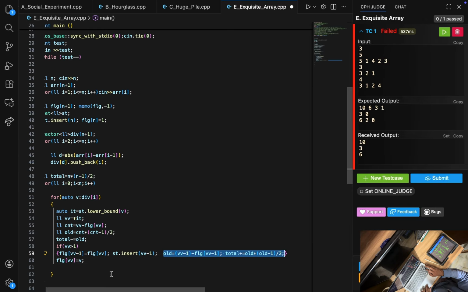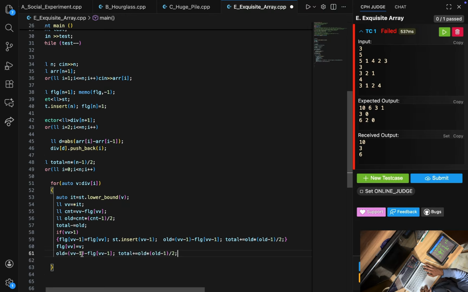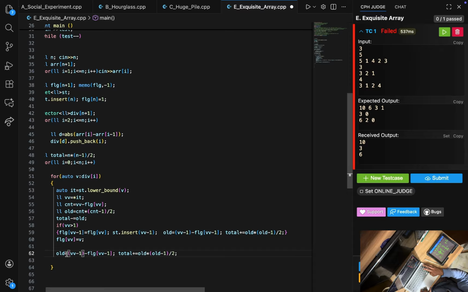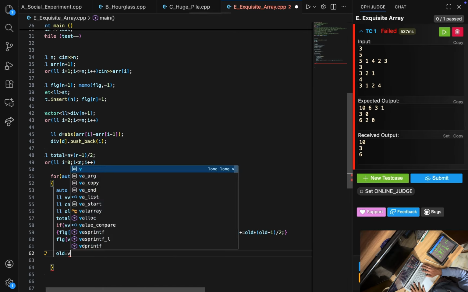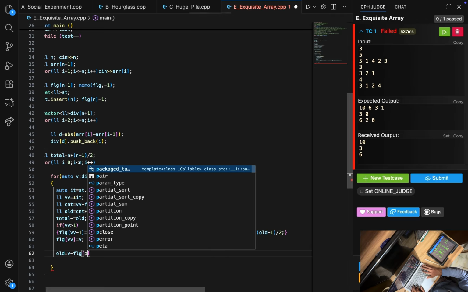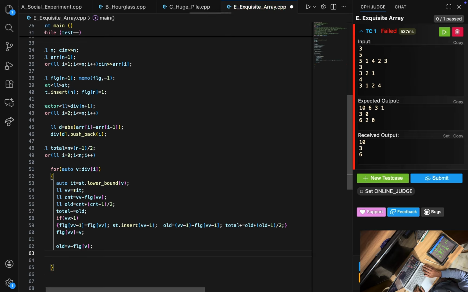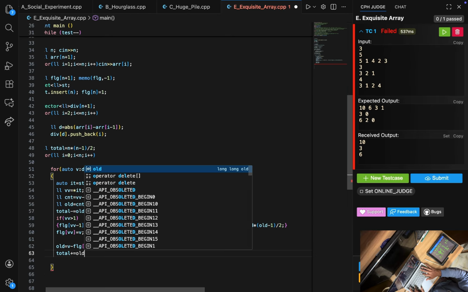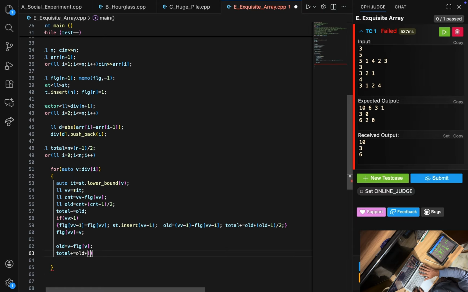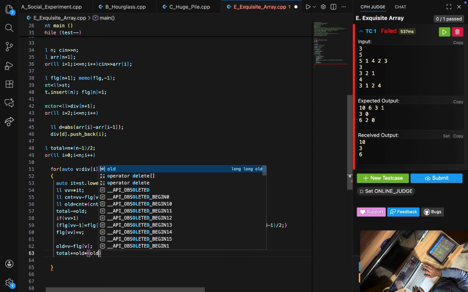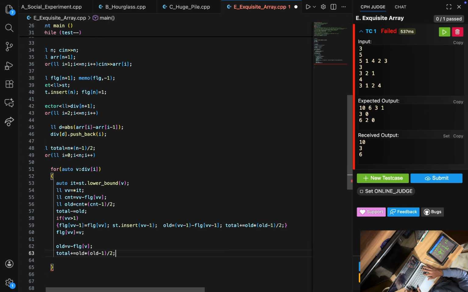And for the next part, it should be old equals v minus flag v, and total plus equals old into old minus 1 divided by 2.